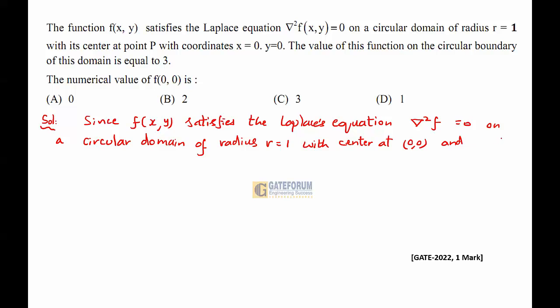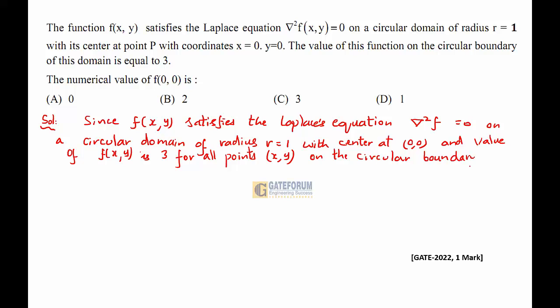And value of f of x comma y is 3 for all points x comma y on the circular boundary of this domain.